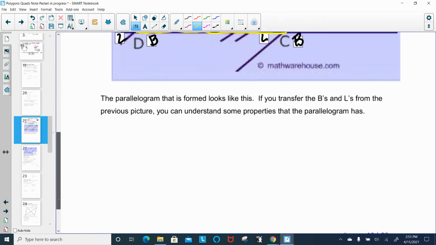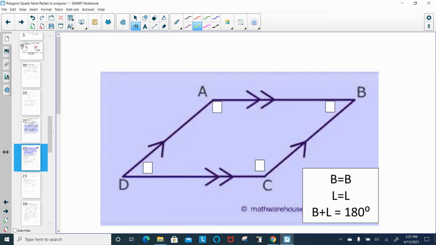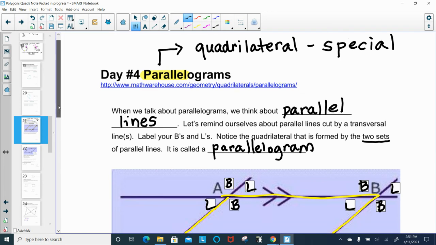So let's turn the page, transfer that over. So this was a B, this was an L, this was a B, that was an L. And how did I know that? I just took it from the picture on the previous page.